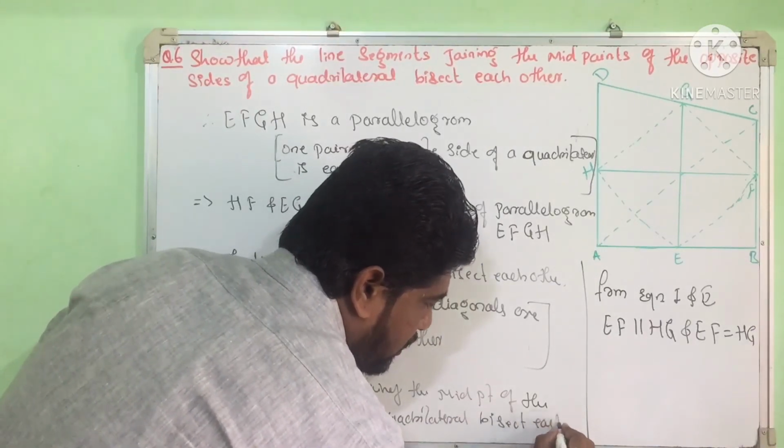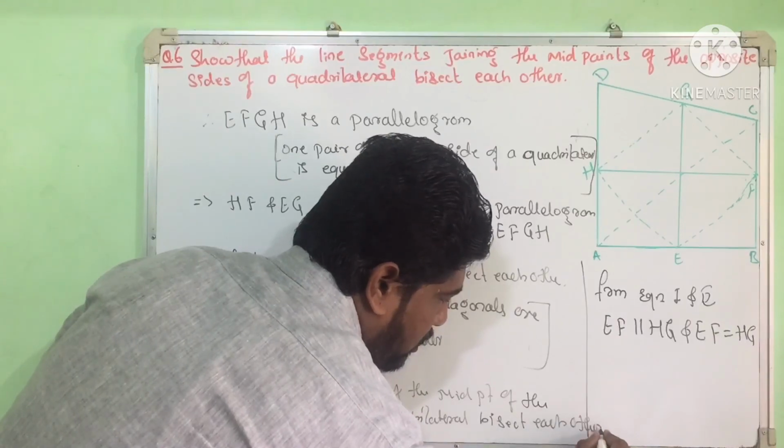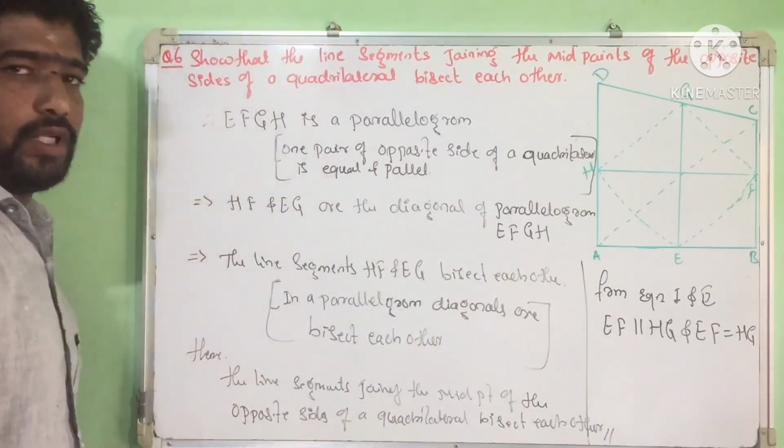Bisect each other. Hence proved. Is it clear?